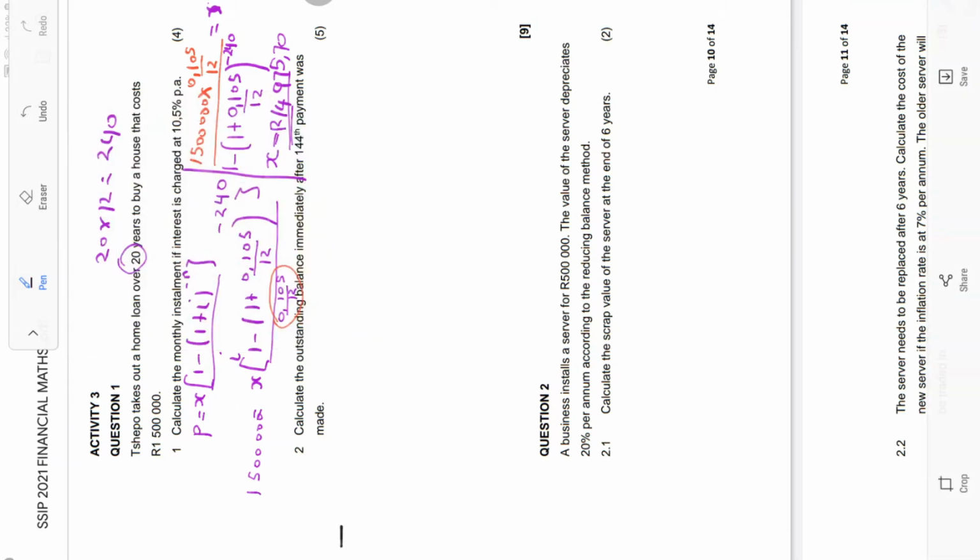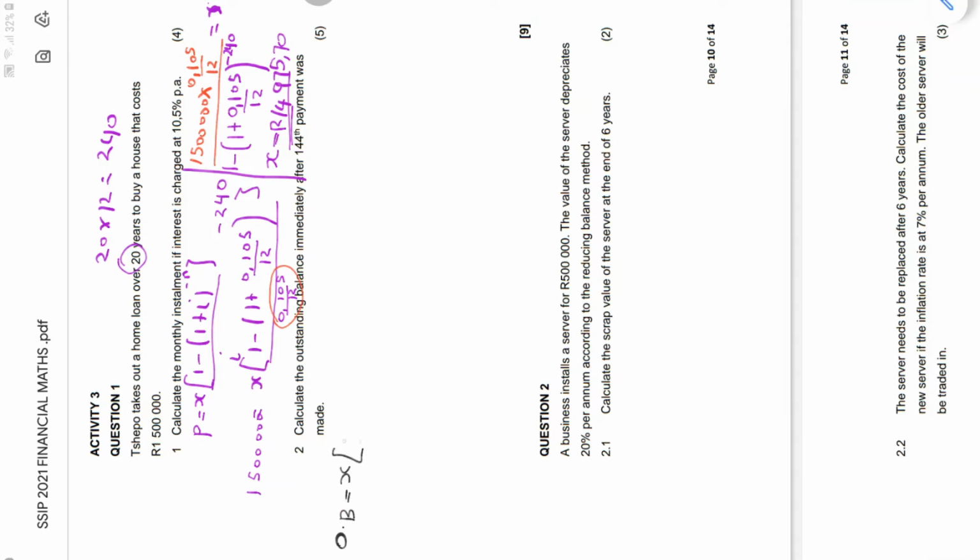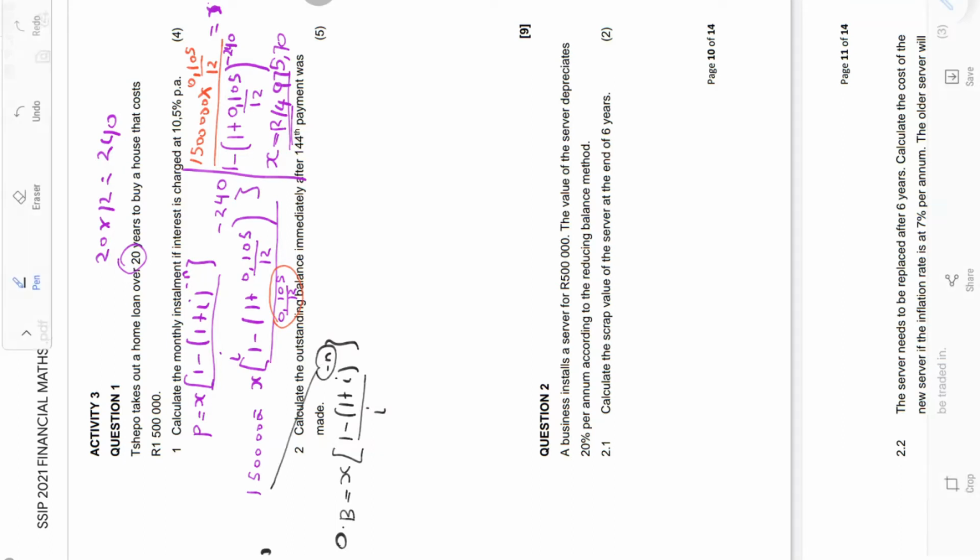So outstanding balance equals x times [1 minus (1 plus i) to the power negative n] over i. But now in this case your n is the outstanding payments.